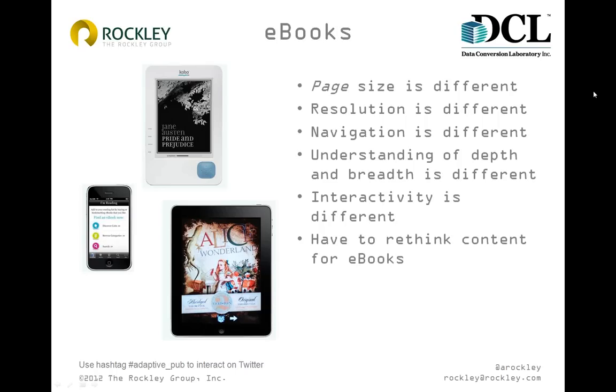And just the example I'm showing here is Alice in Wonderland, one of the first books that became very interactive, in that we're adding interactivity into our ebooks. It's not necessarily just a simple linear presentation of that content. Certainly some content is still very effective that way, but others need to be completely reset in order to optimize them in the environment of mobile.